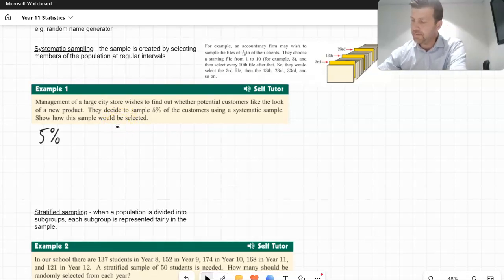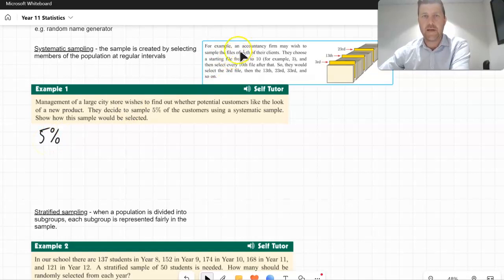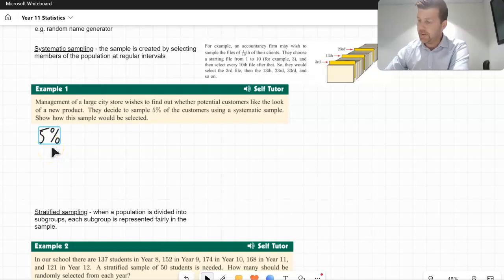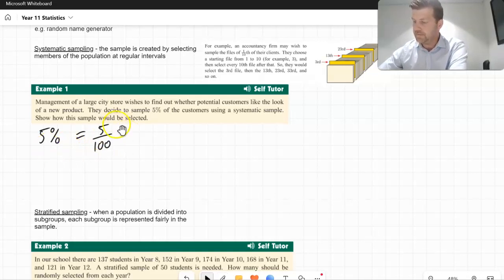5% of customers, I'm going to first of all convert that to a fraction, just like we had in the example up here. Now, percent means per 100. So I'm going to write 5% as a fraction as 5 over 100. Okay, 5% is the same as 5 over 100. Now I'm going to simplify that.